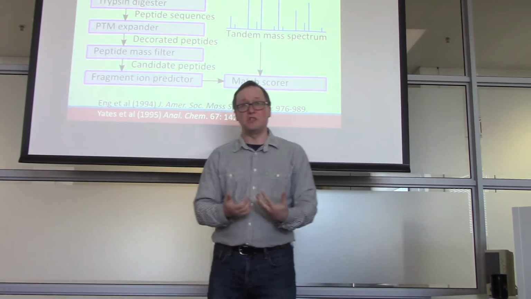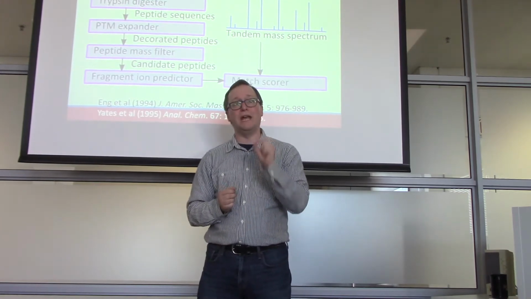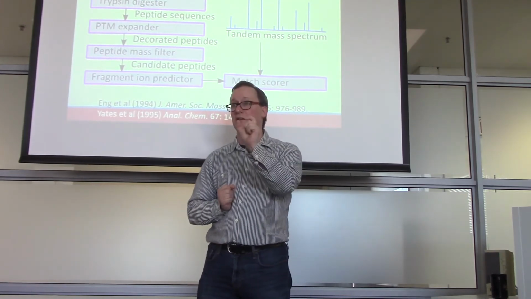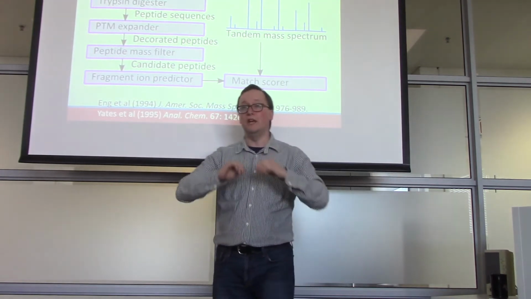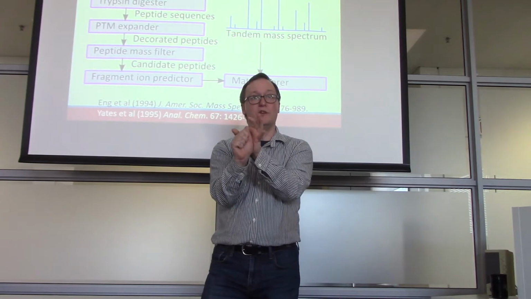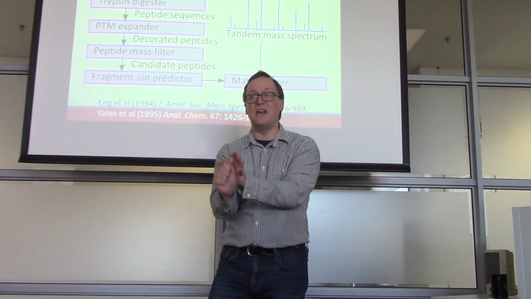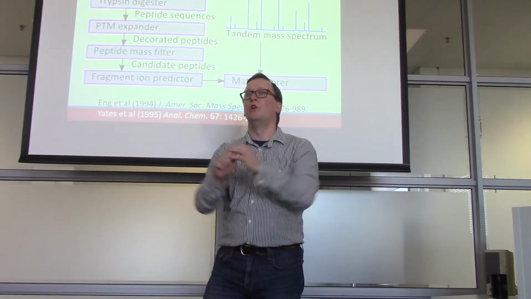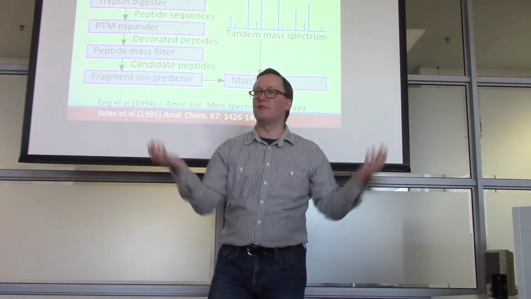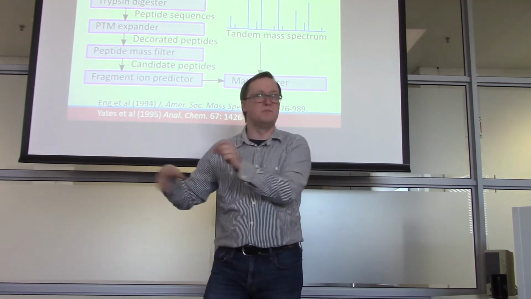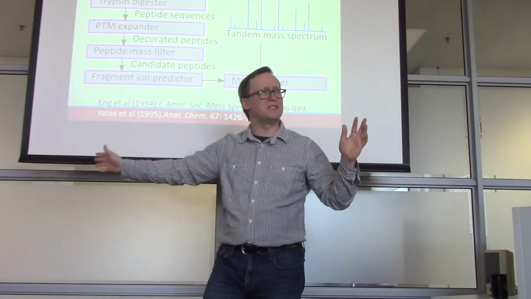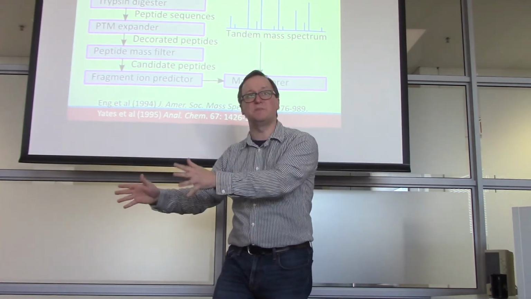And we make that judgment based on the fact that we have a highly accurate mass of this peptide before we blew it apart. So if something is very close to that observed peptide mass, or mass to charge, we will examine the fragments that should result from it and compare it. If it's very far away, 50 Daltons away, there's no point whatsoever in our comparing this peptide sequence to a given spectrum.